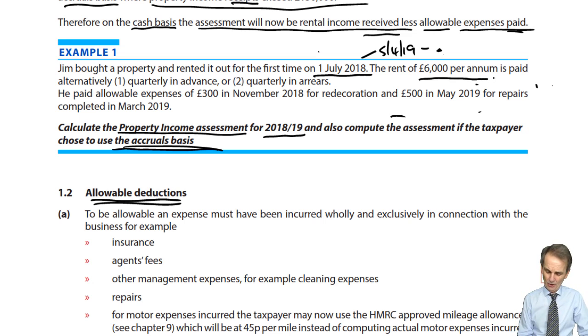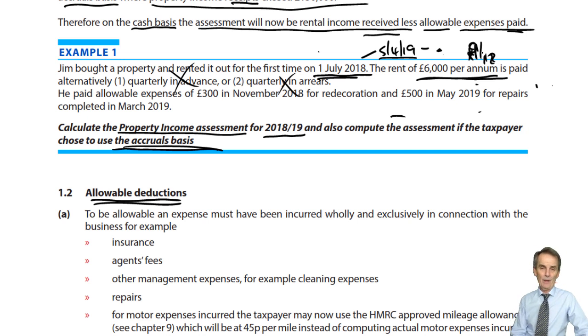So it was £6,000 per annum, and irrespective of that information, on the accruals basis, annual is £6,000. We've got 9 months in relation to the period from the 1st of July 18 to the 5th of April 19. So that would be times 9/12. 9 months' worth of the 6,000, that would be 4,500.